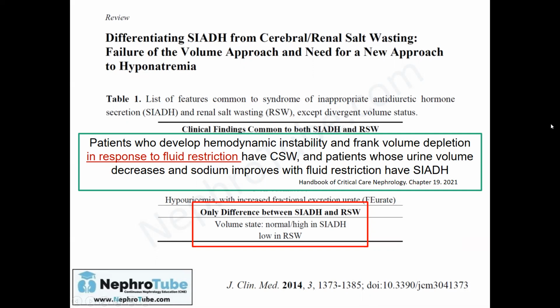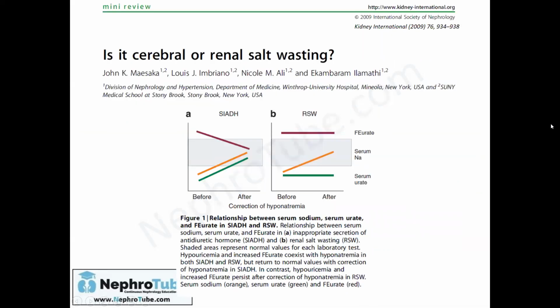So if you diagnose the patient as SIADH and you started volume restriction and your patient started to be hemodynamically unstable and started to be shocked or to have low blood pressure, so please reconsider your diagnosis, as it may be cerebral salt wasting.